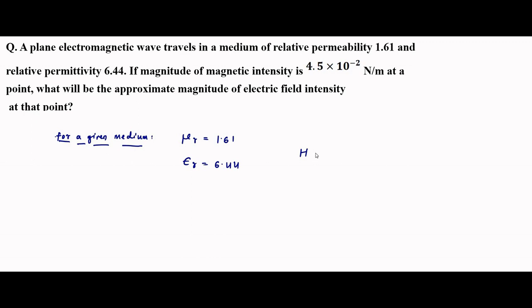So H, the magnetic intensity, is equal to 4.5 into 10 to the power minus 2 Newton per meter.